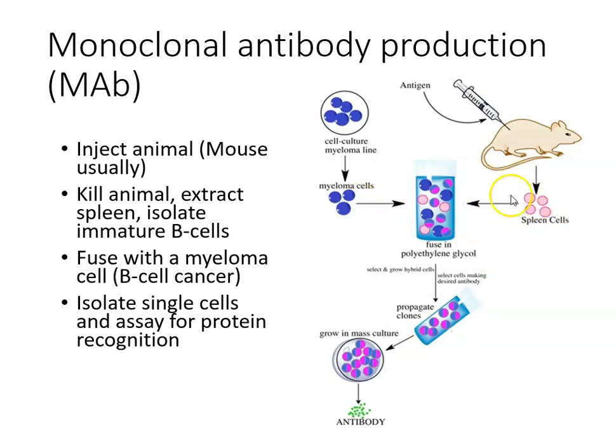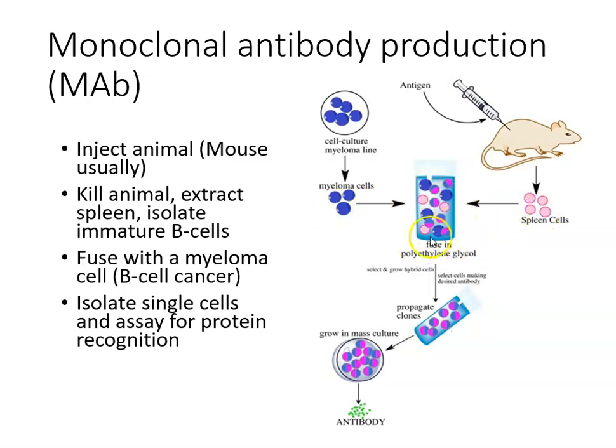So if you can fuse the spleen cells with a B cell tumour cell to create these hybrid cells, then the genetic information from the spleen cells that can make our antibodies can be propagated long term. And we call these hybridomas because they're a hybrid between a spleen cell, immature B cell, and a myeloma B cell, cancerous cell.